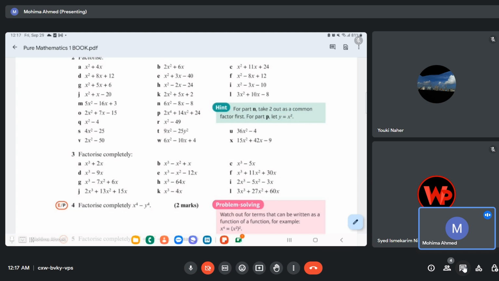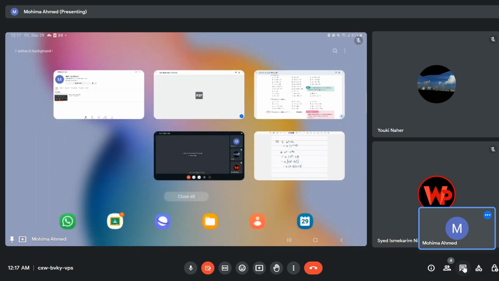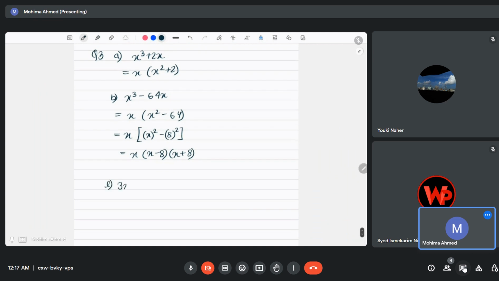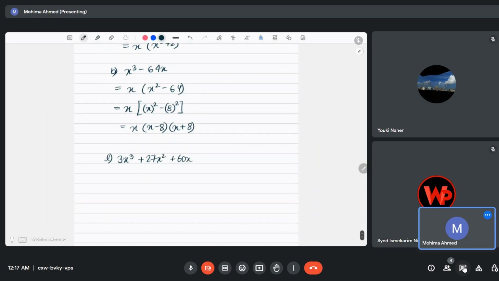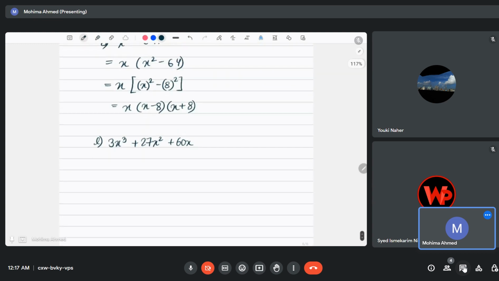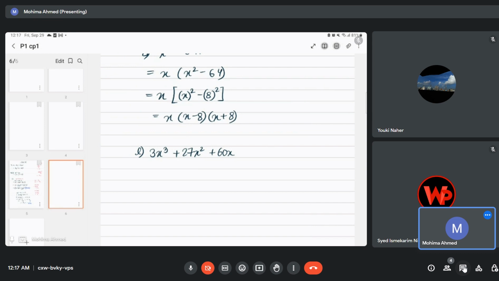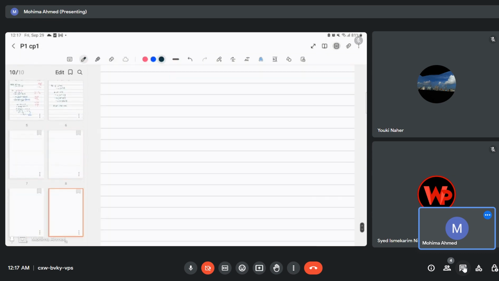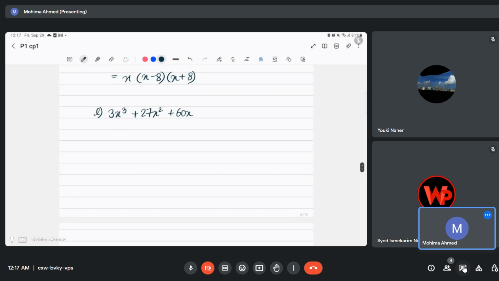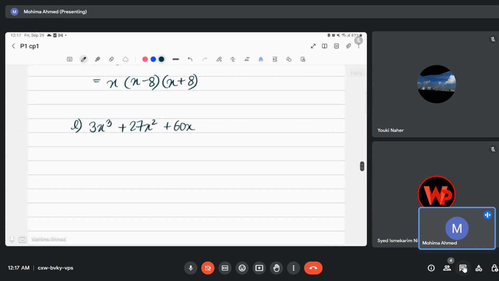the last one: 3x cubed, 27x square, and 60x. Over here, since you can clearly see that all these three quantities have one x involved with it, and you cannot actually do the middle term for x cube expressions like this, you're supposed to take x as common, and you're left with 3x square, 27x plus 60.